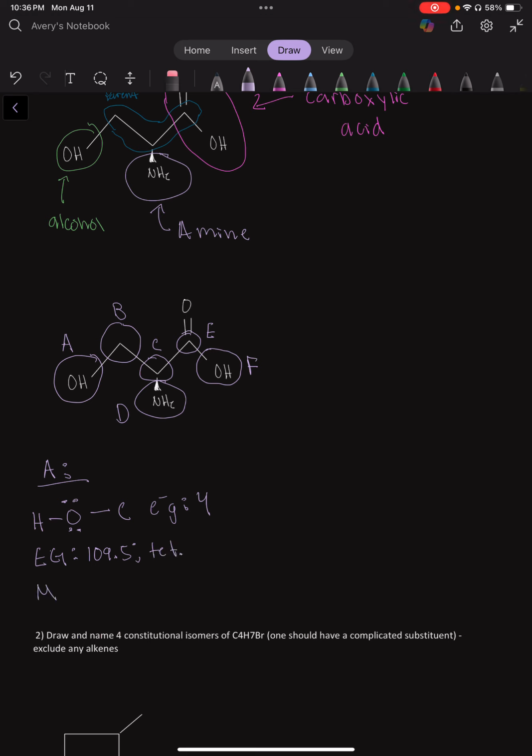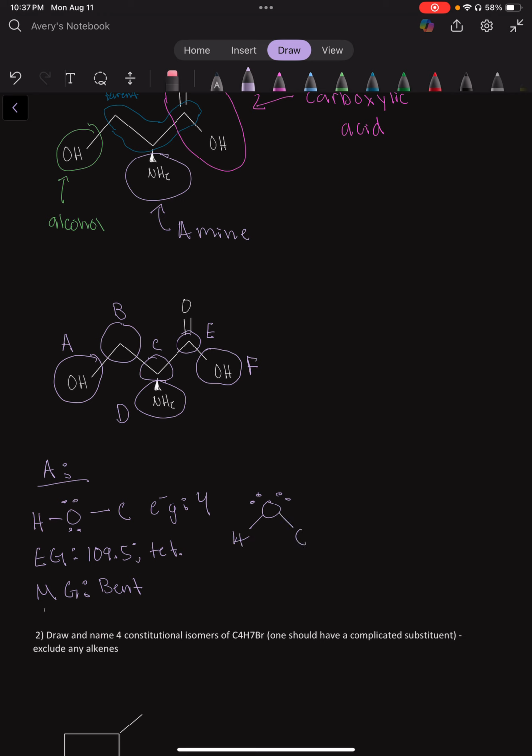Now for the molecular geometry, since we have two lone pair electrons, the molecular geometry is not going to be tetrahedral. Instead, it is going to be bent because I didn't quite draw this well. Another way to draw this is like this. And so now you can see more of that bent shape.